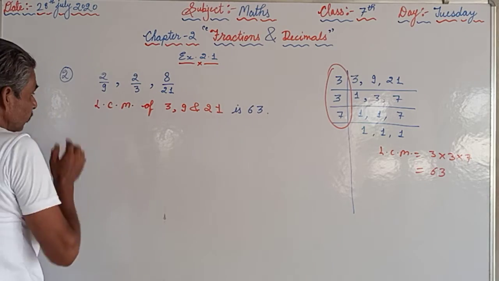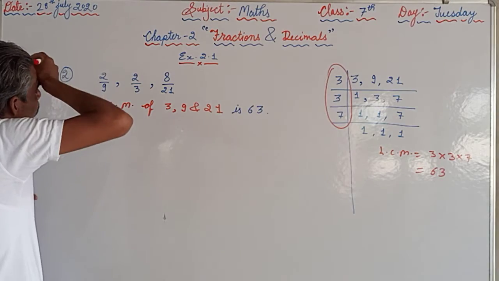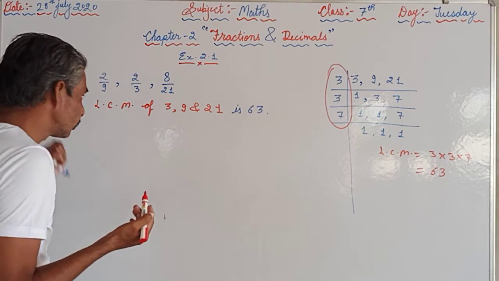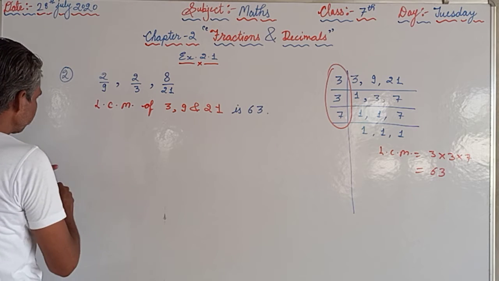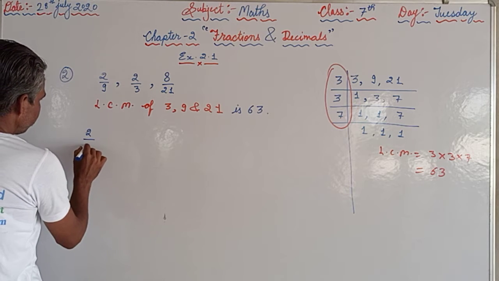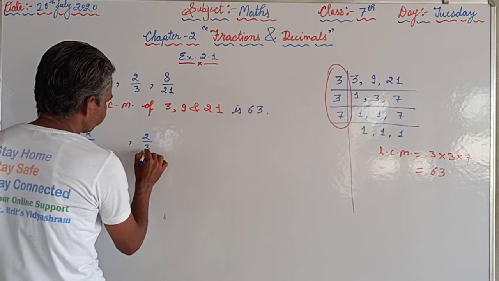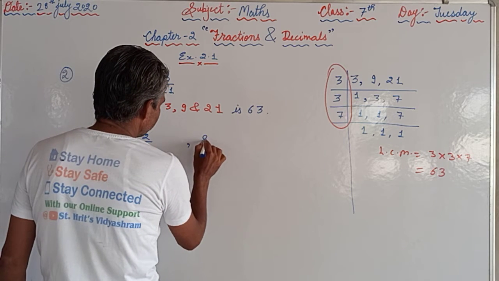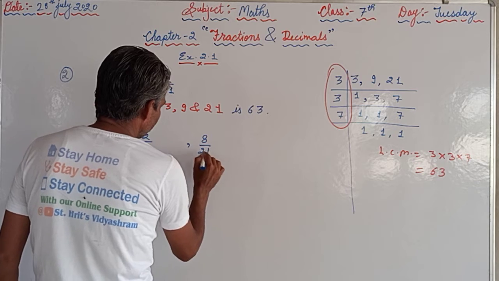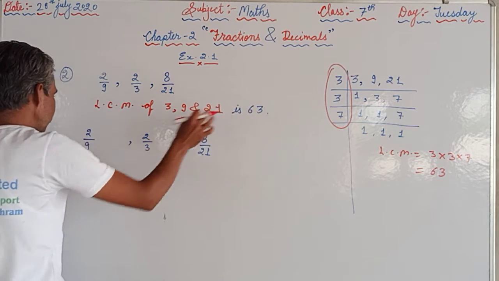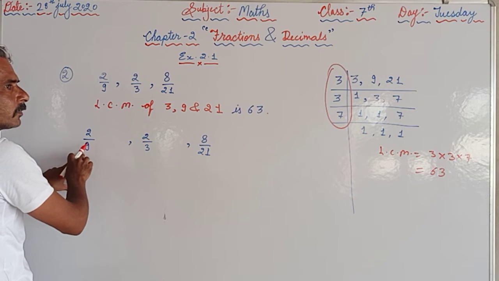So the first method is that we make the denominator 63. How to make the denominator 63? We have 2 upon 9, 2 upon 3, 8 upon 21. So we divide 63 by 9, and here comes 7.